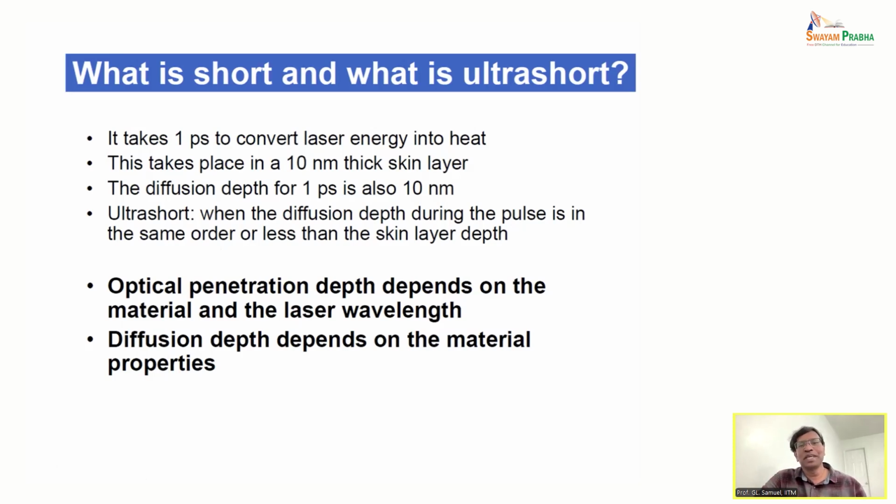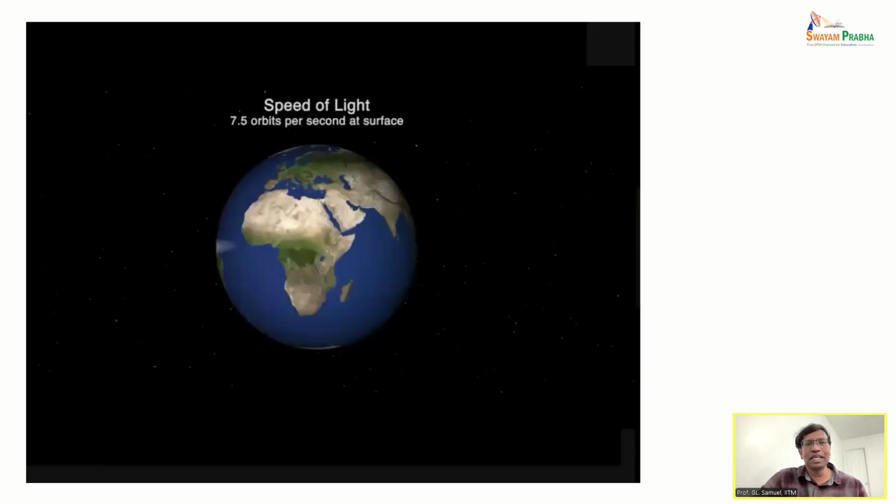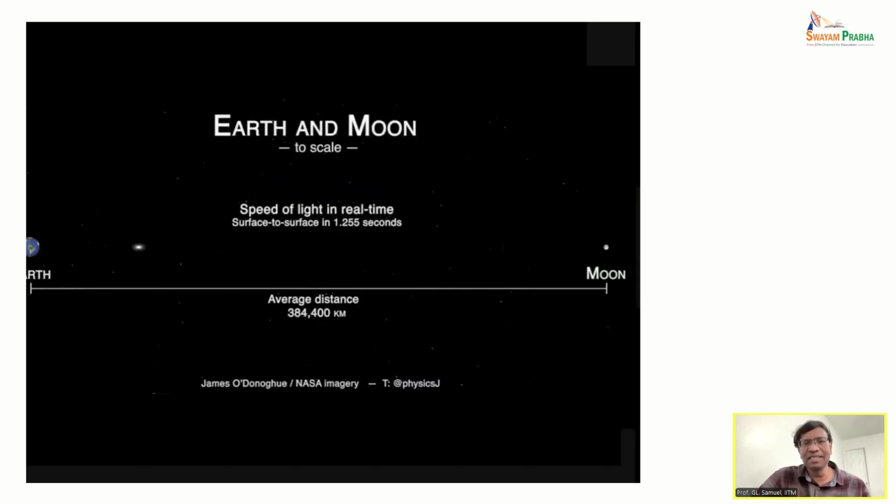So now if you can produce pulses below that, there will be no time for the heat to penetrate into the material, and thus they have a lot of effects, which I'm going to show you. Before that, we try to define what an ultra short pulse laser is.